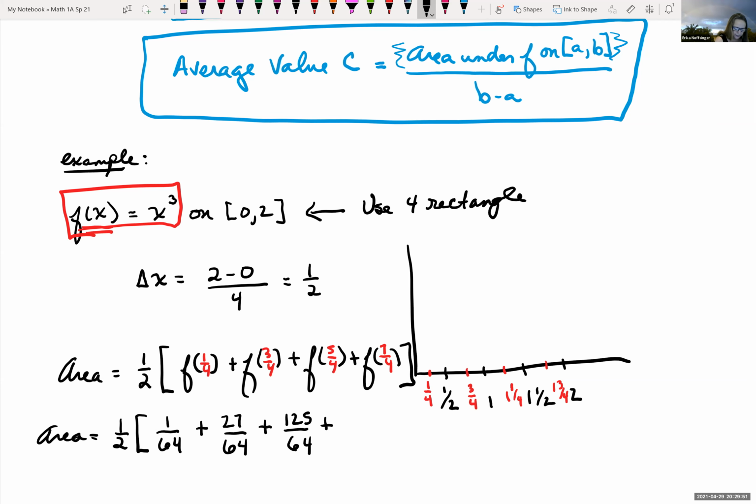It's 343, all over 64. So let's sum up our numerators. Our denominators are the same, so we already have a common denominator. So 1 plus 27 plus 125 plus 343. That gives us 496 all over 64.